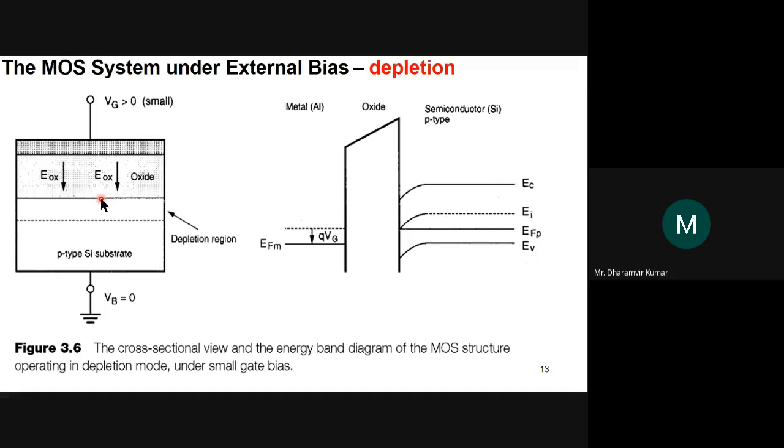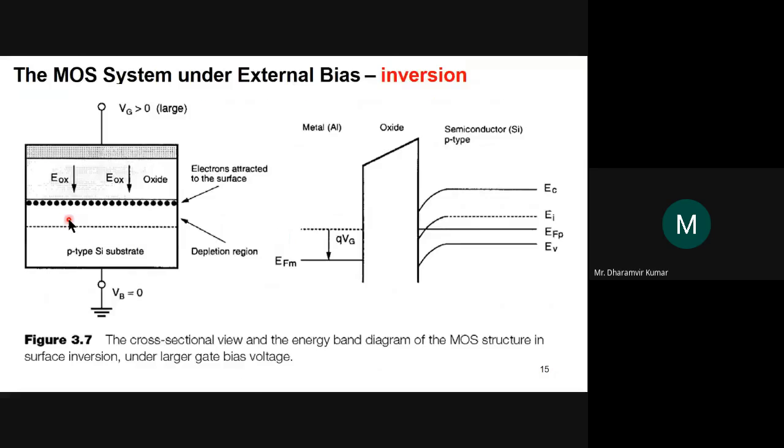This is the first boundary for the depletion region, and this is the second boundary, the surface between the depletion region and the p-type silicon substrate. So at the oxide and depletion layer interface, let's call this potential the surface potential, phi s, and the potential at the depletion layer and semiconductor interface the Fermi potential, phi f.